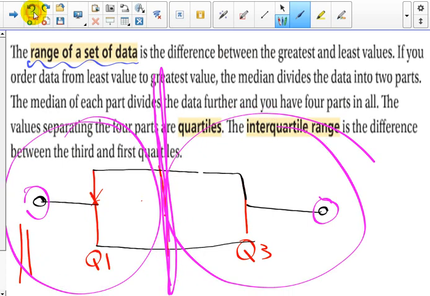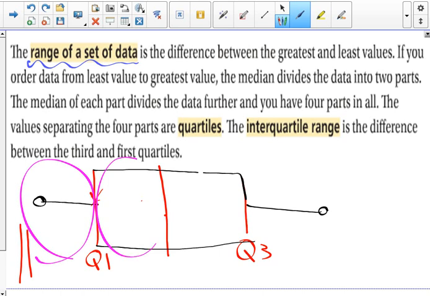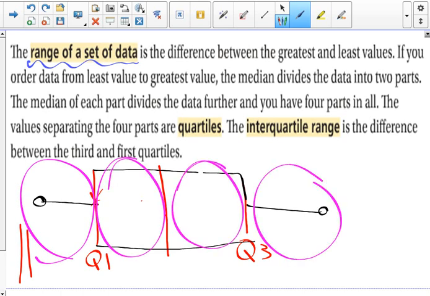So let me erase all that real quick. Okay, so these 4 parts are called quartiles. We've got quartile 1, quartile 2, which is the midway point, 2 quarters is a half, and quartile 3. So that divides it into 4 parts, 1, 2, 3, 4.